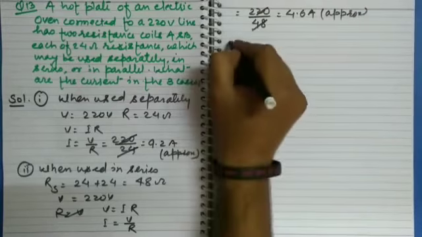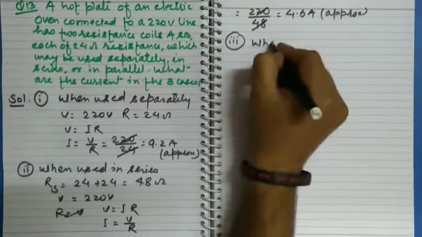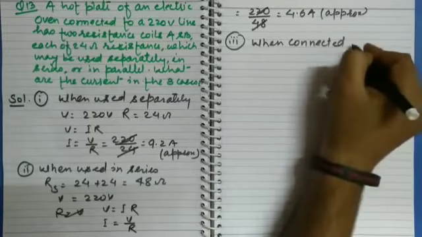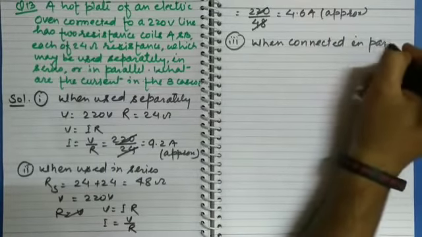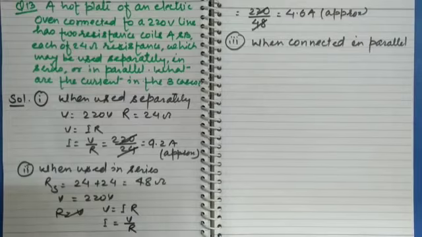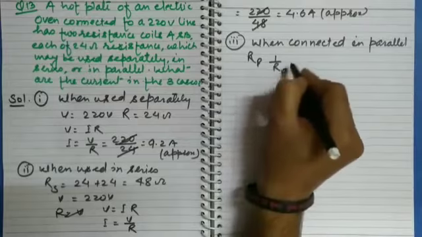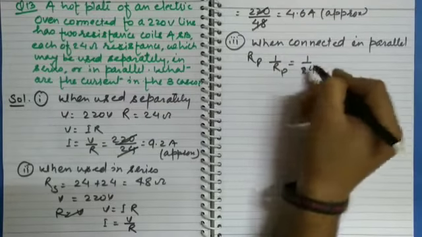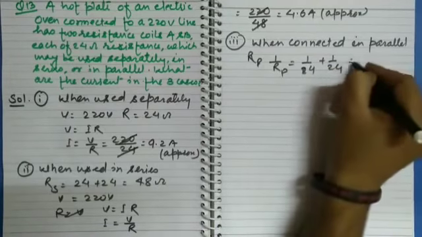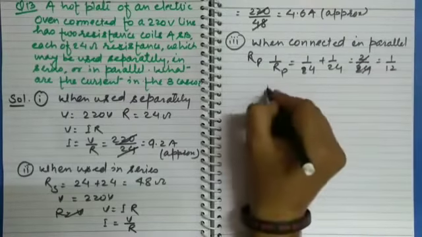Third case, when used in parallel. 1 by Rp equals 1 by 24 plus 1 by 24 equals 2 by 24, that means 1 by 12, and Rp equals 12 ohm.